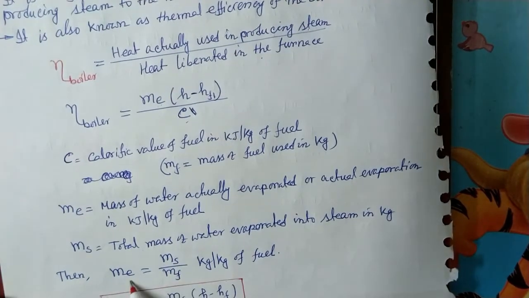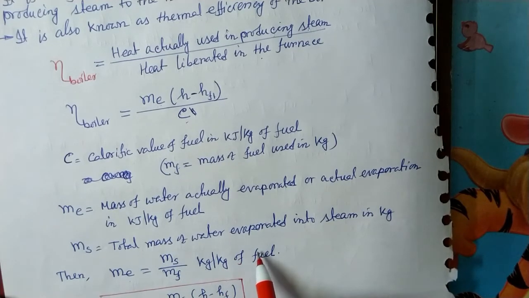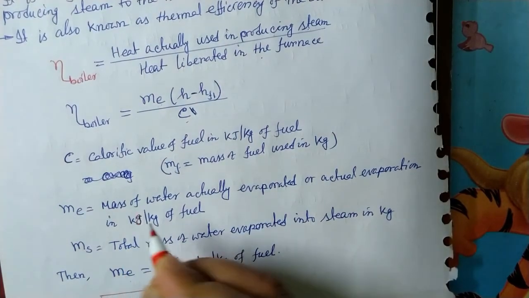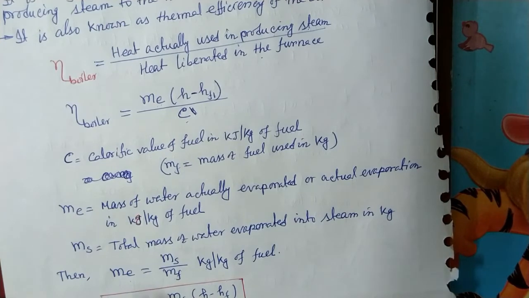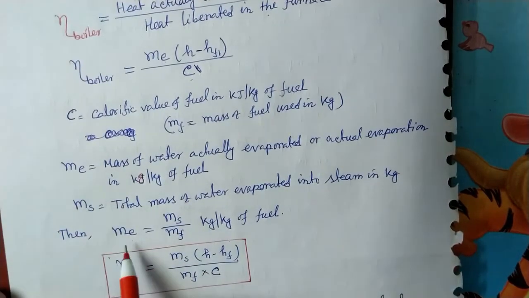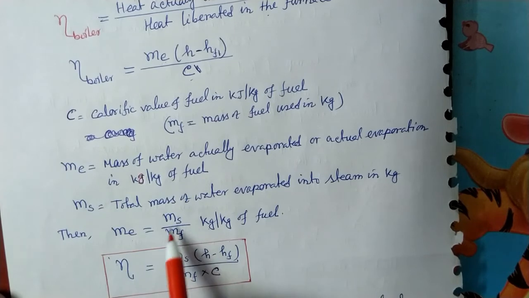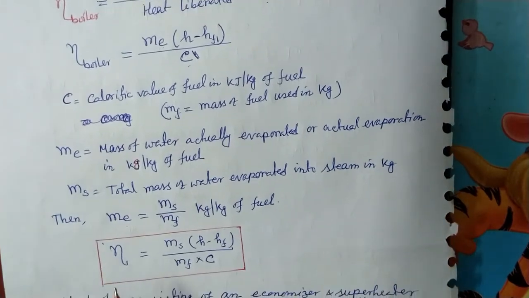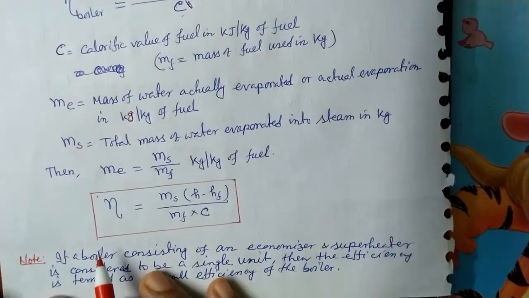Then me, the actual evaporation per kg of fuel, is defined as ms by mf, kg per kg of fuel. Okay, so this is our me. So eta is equal to, instead of me we can put ms by mf, into h minus hf1 by C. Okay, so this is our eta boiler or boiler efficiency.